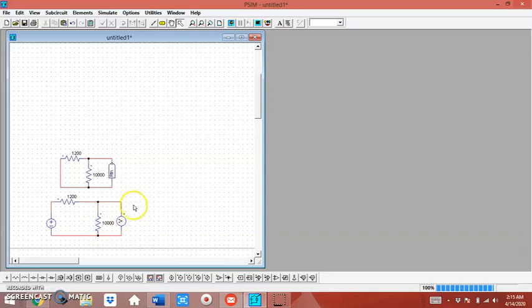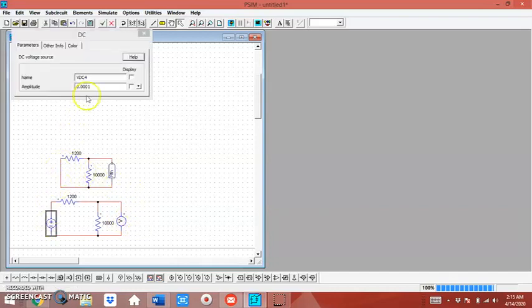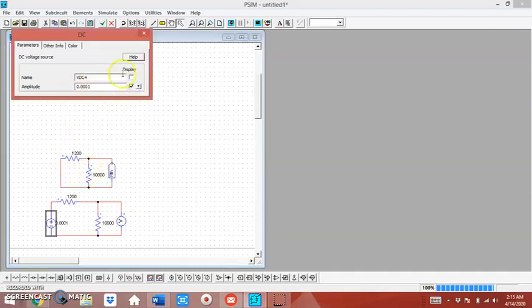RTH is equal to V over I. So here we want to measure the voltage. Here I inject a voltage approximately 0, which is 0.00001 volt, so it is equivalent to 0 volt.